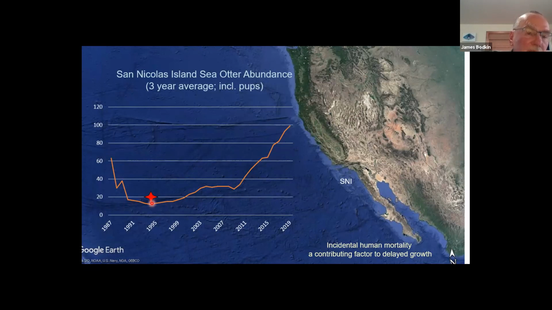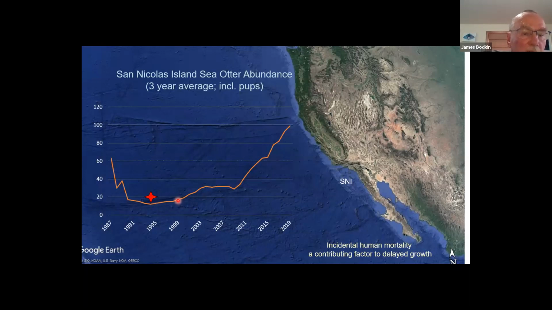This is a period 5 years after the last translocation, and the population reached its low point. And I would suggest that at this point, this population could have continued as it did, or this is the trajectory it took, but it easily could have gone down in this direction as well. We were sitting at the edge of our chairs for a number of years here to see what would happen.